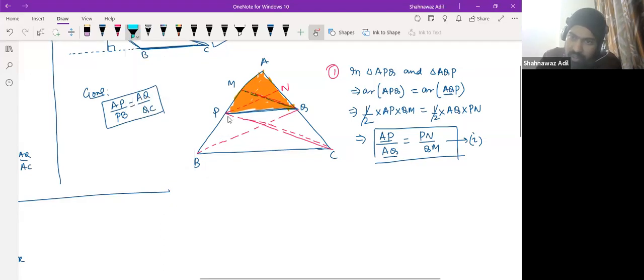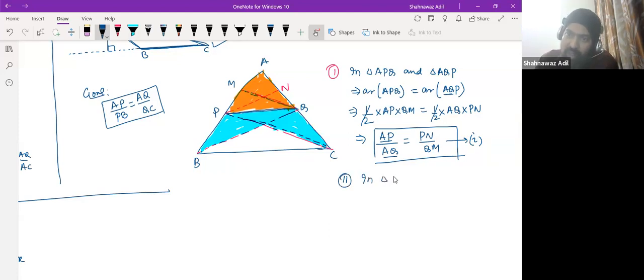So this triangle, and now you guys can tell me what kind of triangles these are, right? So in the second part, I am taking triangle PQB and triangle PQC.